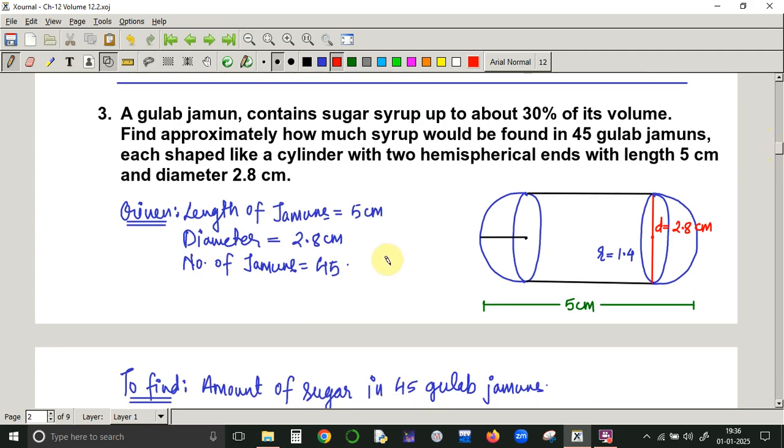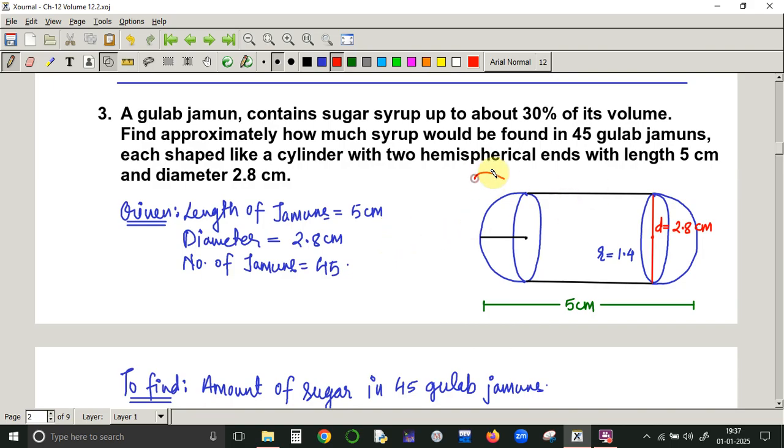Let's proceed. Third question. A gulab jamun contains sugar syrup up to 30% of its volume. So one gulab jamun contains 30% of its volume as sugar syrup. So find approximately how much syrup would be found in 45 gulab jamuns, if each is shaped like a cylinder with two hemispherical ends, with length 5 centimeter and diameter 2.8.